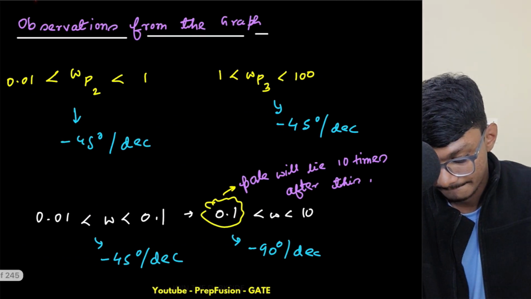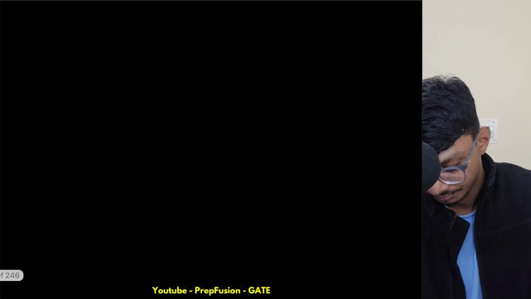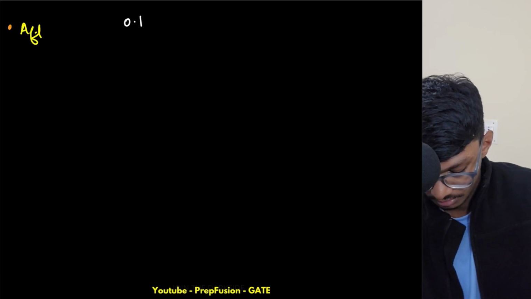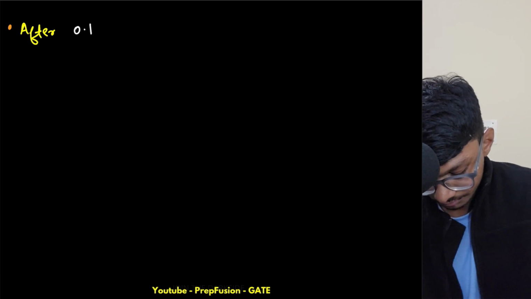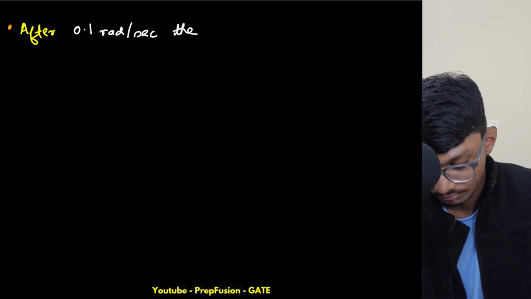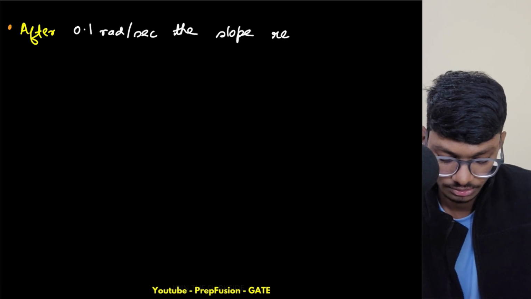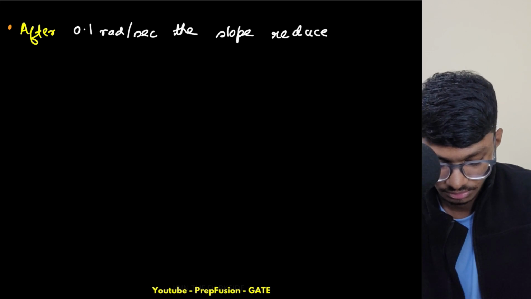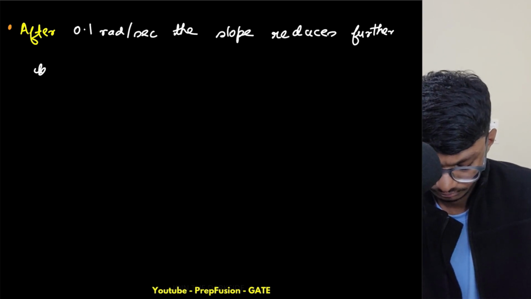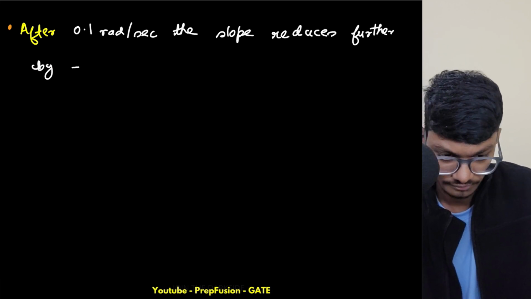So from here we can understand. Let me just write: after 0.1 radian per second, the effect, the slope reduces further by minus 45 degree per decade.